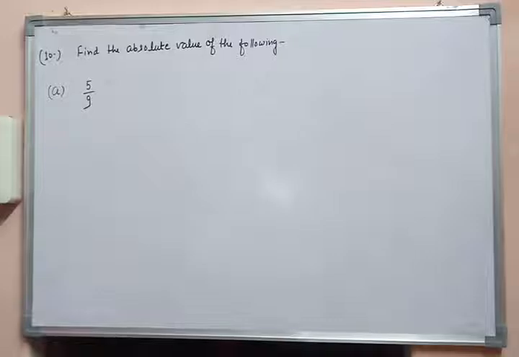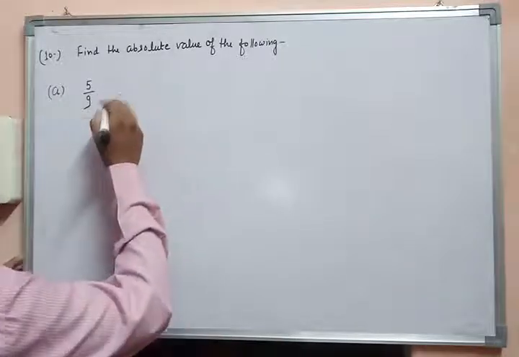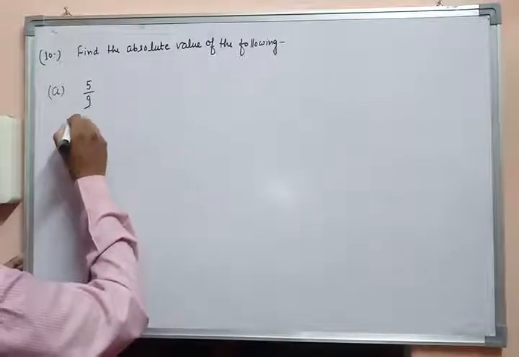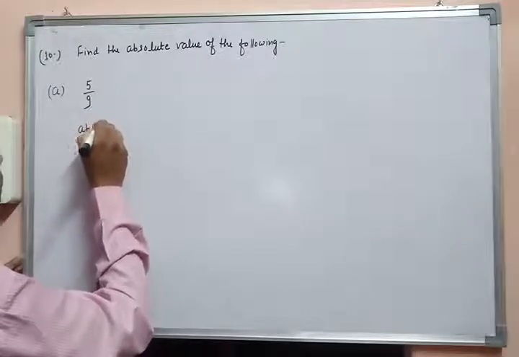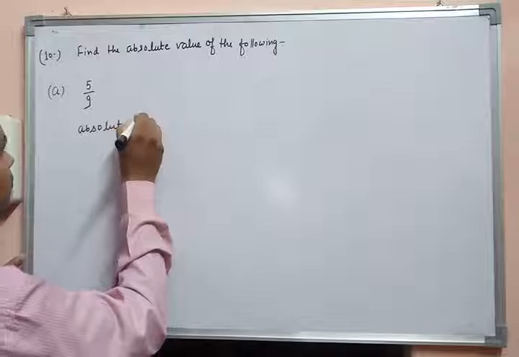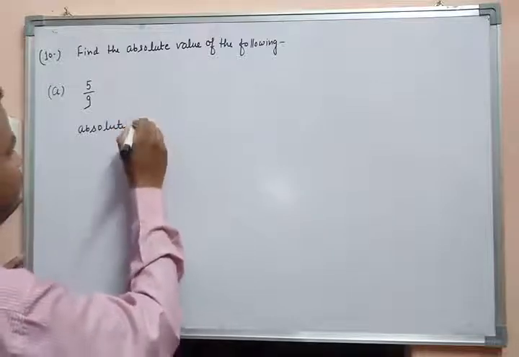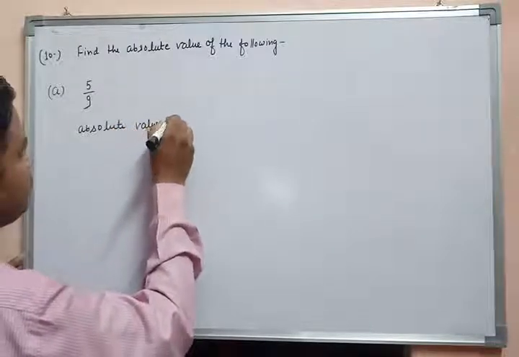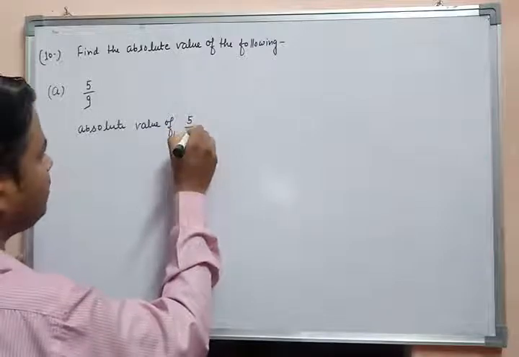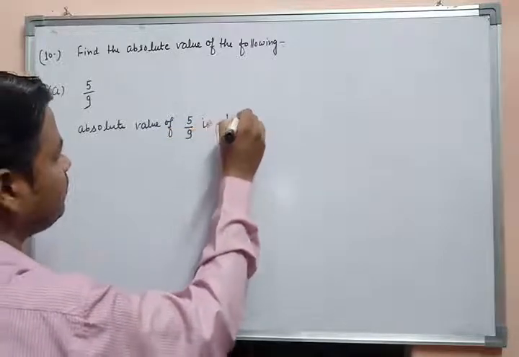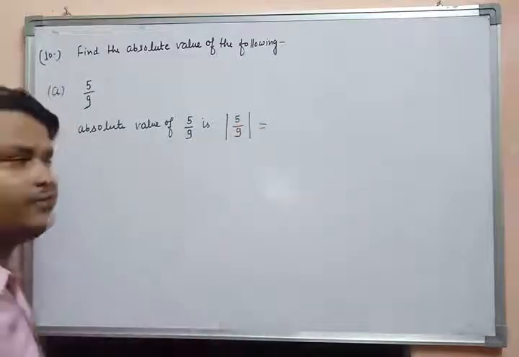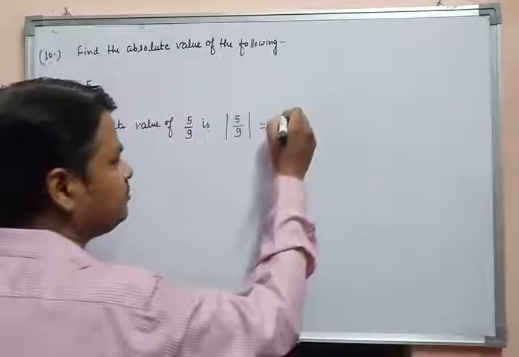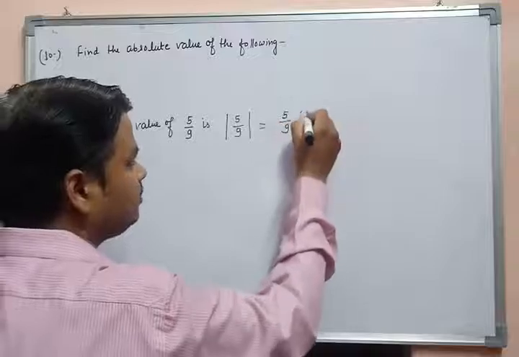Then the absolute value of 5/9 is 5/9, and the sign of this rational number is positive. So this is the answer.